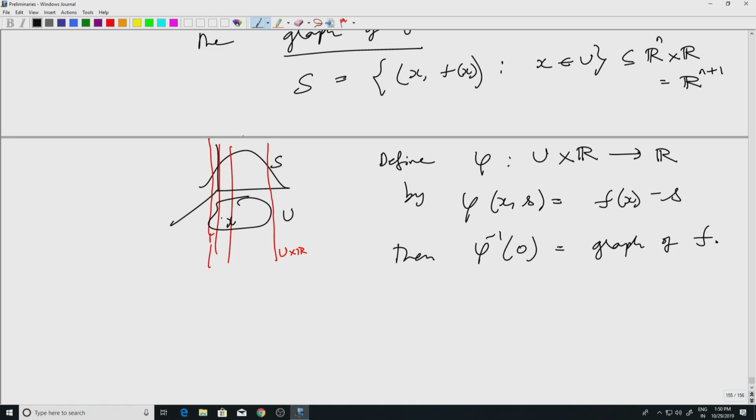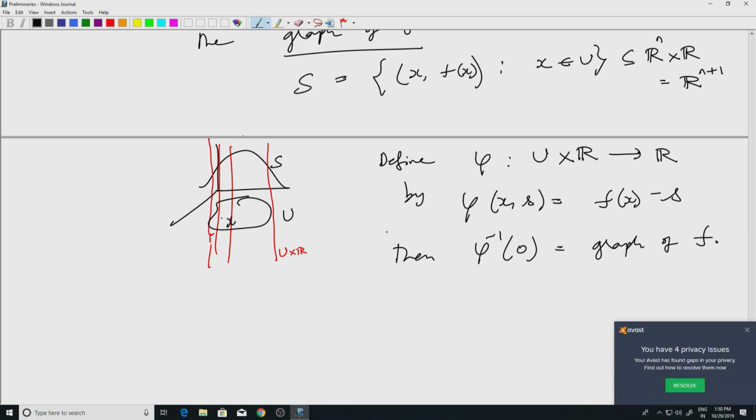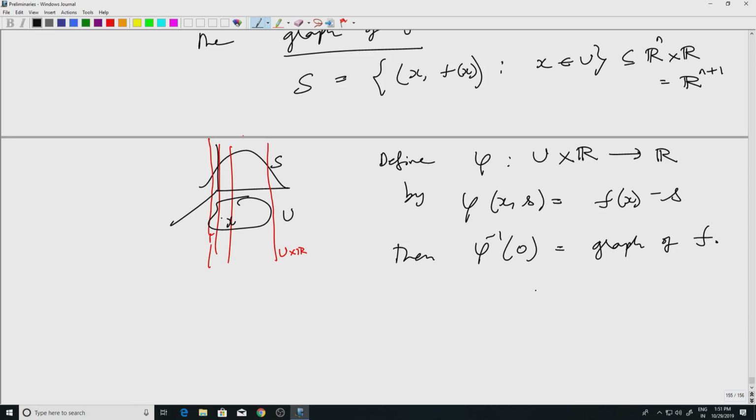Then phi inverse of 0 is the graph of f. Let us now put it in the framework of the regular value theorem and prove that this is indeed a submanifold of R^(n+1).